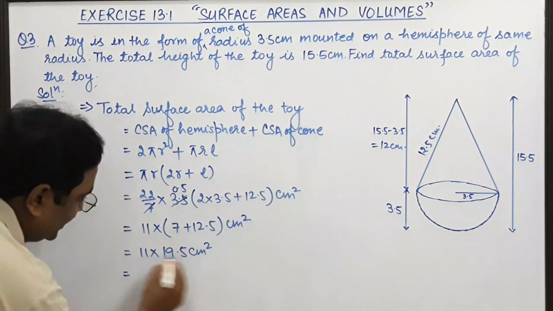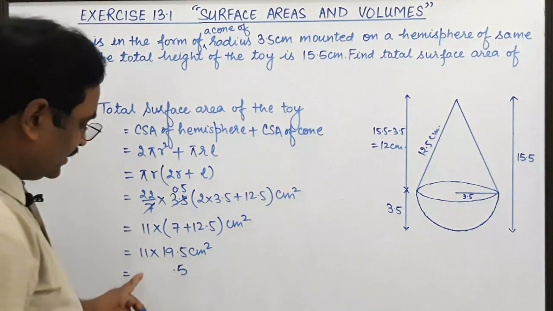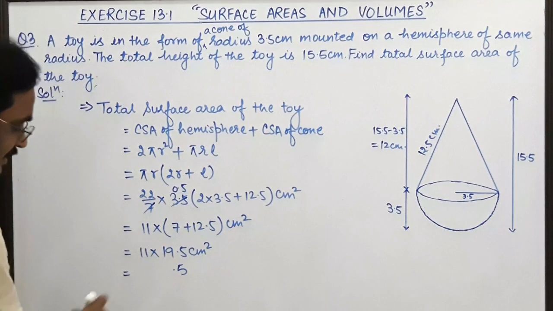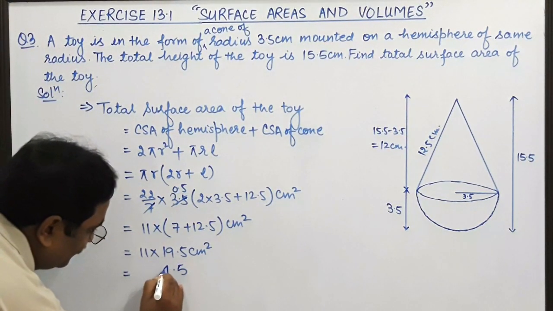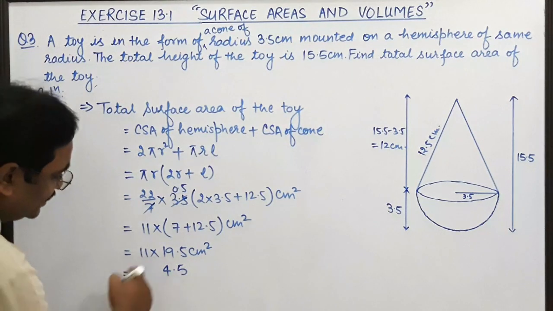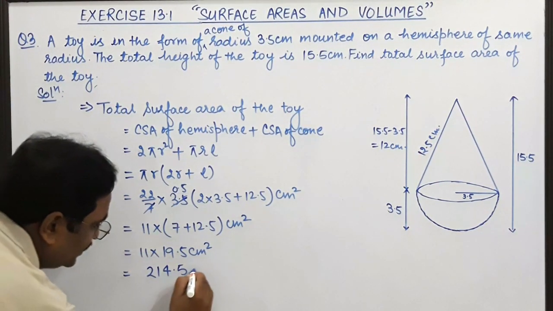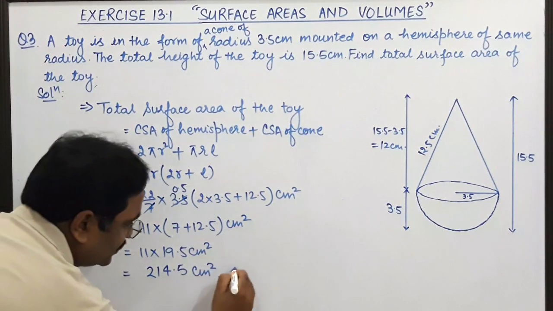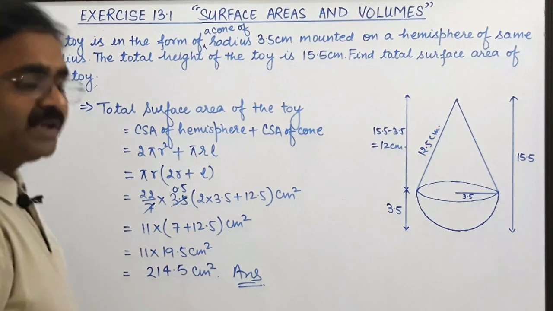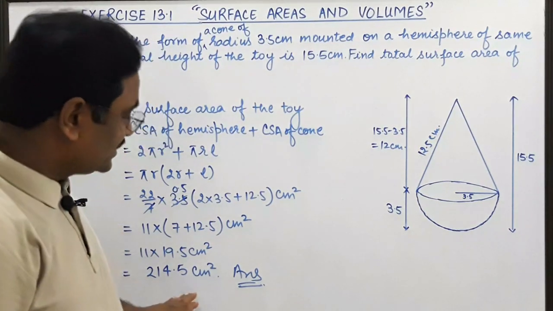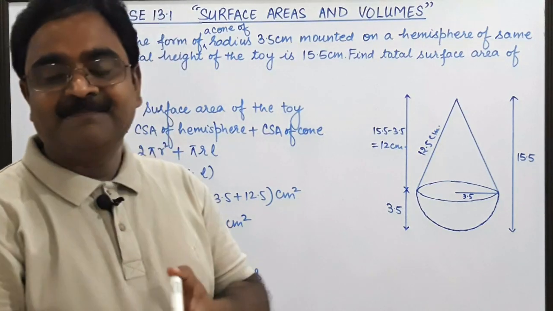Let us multiply: 11 5s are 55, carry 5, 11 9s are 99 plus 5 is 104, carry 10, 11 1s are 11 plus 10 is 21. So 214.5 centimeter square is our required answer, the total surface area of the toy.